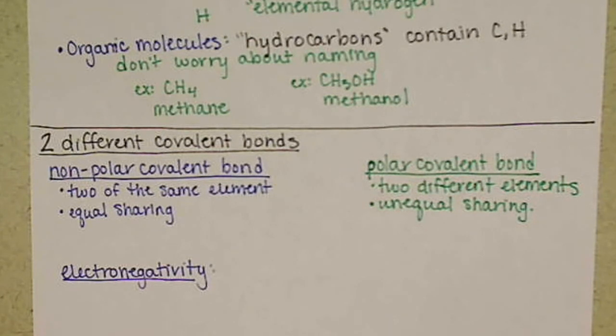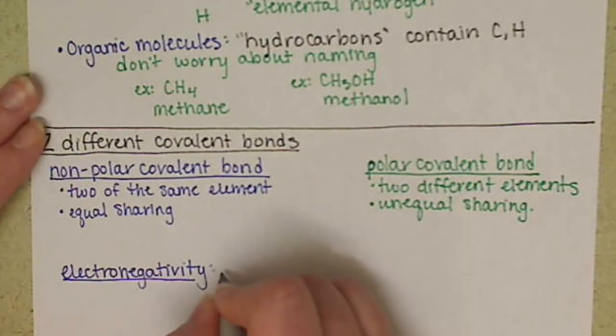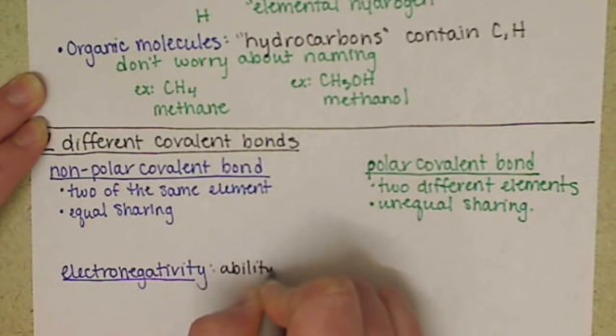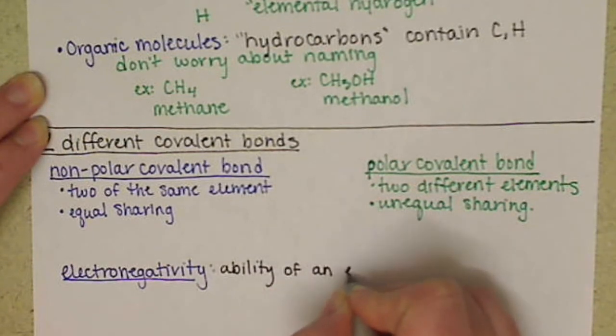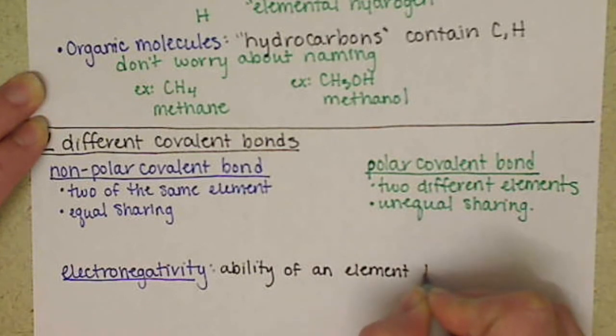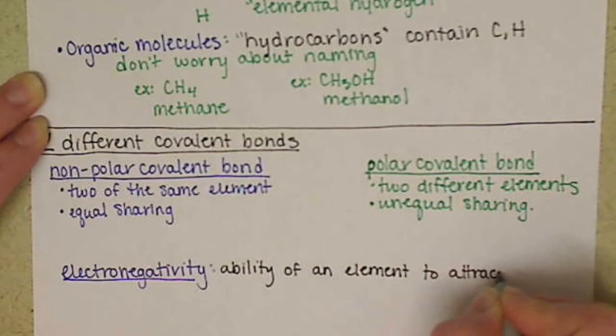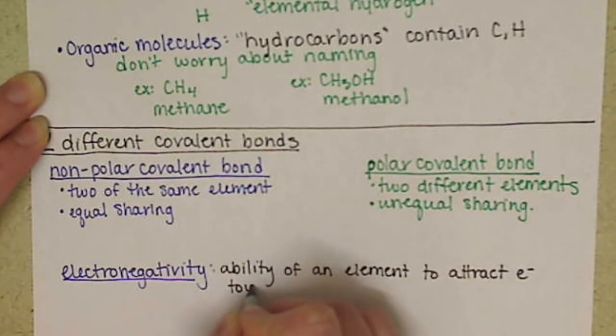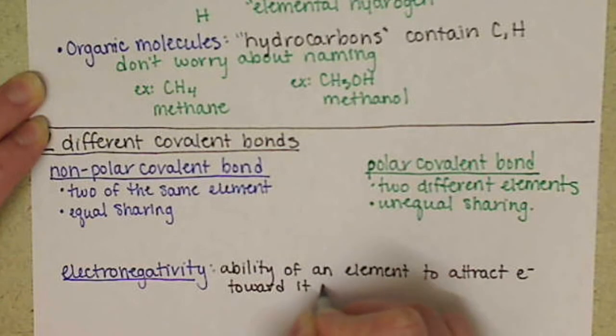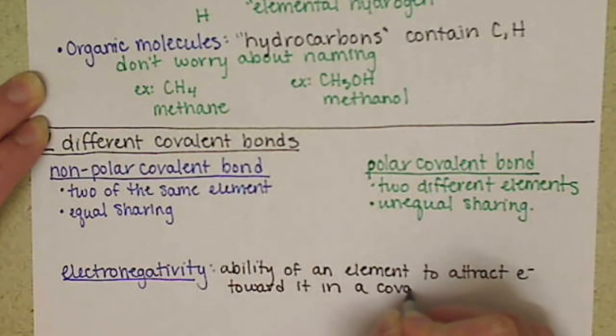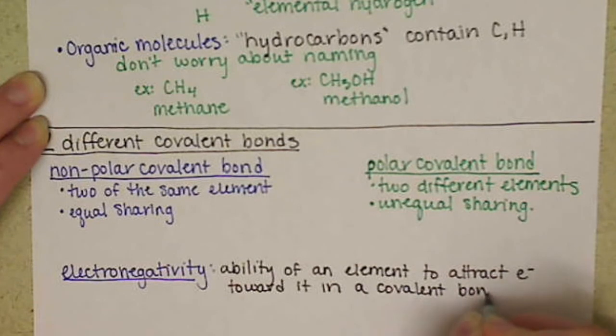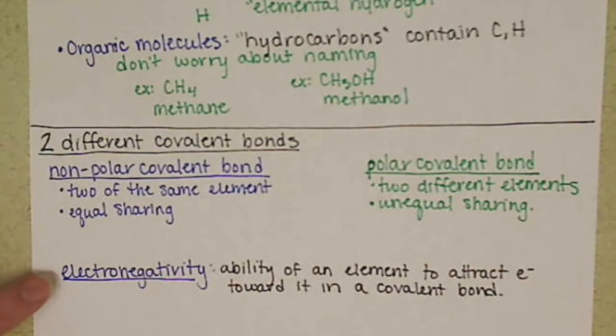So how well can it pull those electrons closer to itself? And this is what we can assess a value to. We can give a number to it. And that's what your book goes through, and I'm not really going to test too much on that.